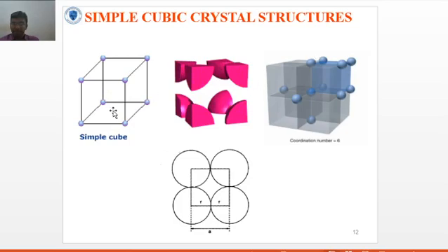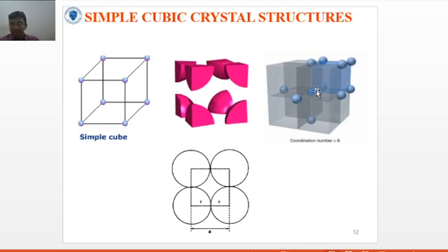Okay. This is your simple cubic structure. Look at the 8 corners. The 8 corners have 8 atoms, but only 1 by 8 part of an atom is present at each corner of the simple cubic system.